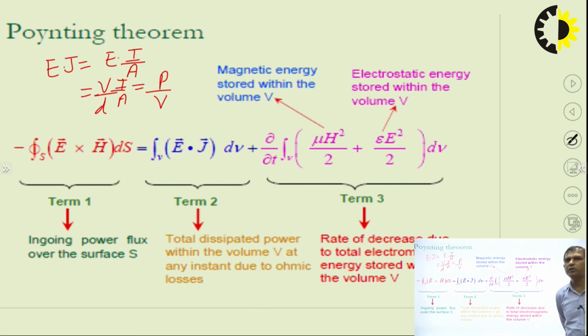And their summation is known as the electromagnetic energy. So this term will represent the change or the decrement in the electromagnetic energy within the volume V. So this is the significance of different mathematical terms in this Poynting theorem derivation.